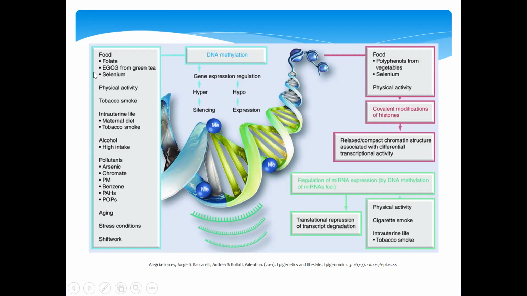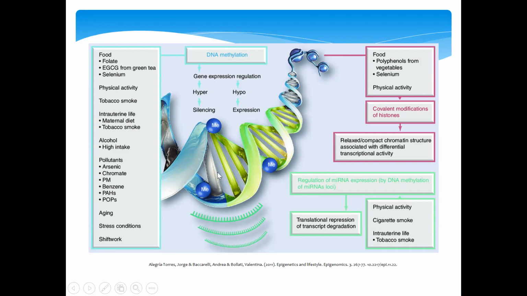Okay, so things that can affect DNA methylation: foods like folate, green tea, and selenium. Physical activity actually helps with DNA expression, supports it and keeps it a healthy expression. Intrauterine life is affected by maternal diet, drugs, smoking, and stress, because stress produces bad chemicals.